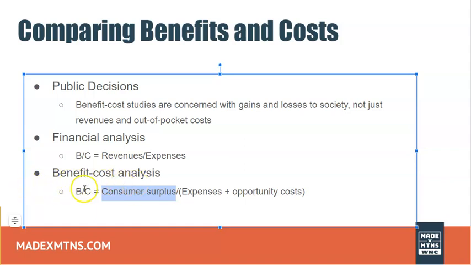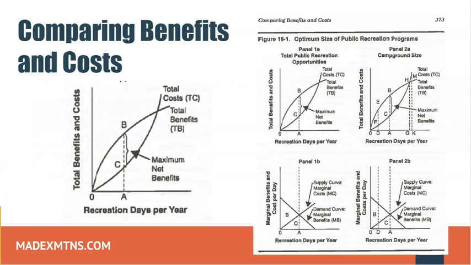And then the costs are any monetary expenses plus opportunity costs, where opportunity cost is the next best alternative use of maybe the land that's set aside for recreation or something else.